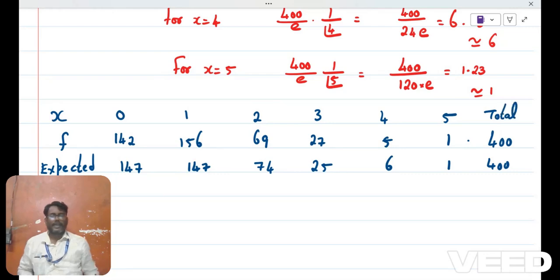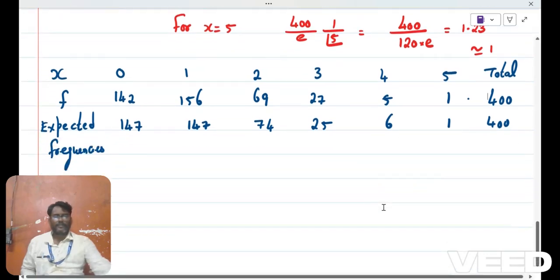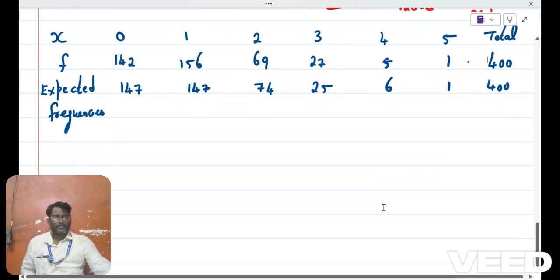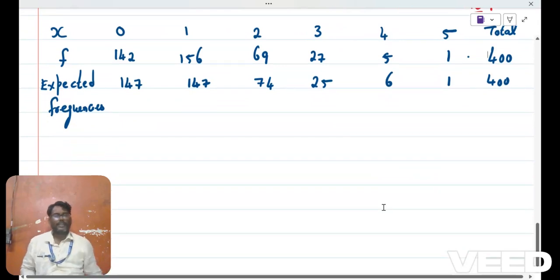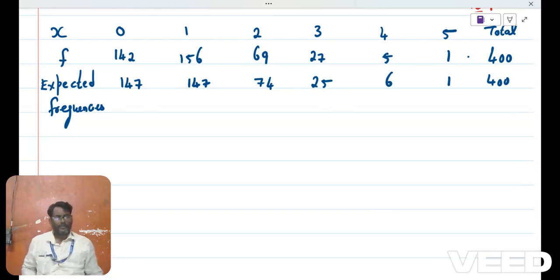Okay, and this is here the Poisson distribution. Now we have to test the goodness of the fit using the chi-square test. For that, the observed and expected frequencies should be greater than or equal to 10. So we have to combine with the nearest frequency.